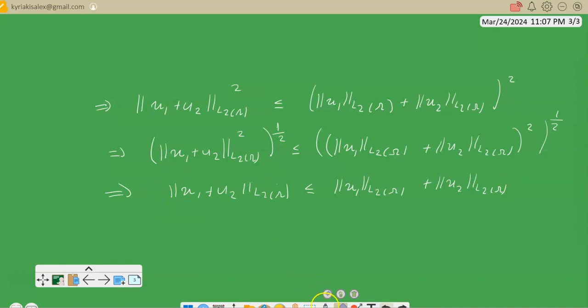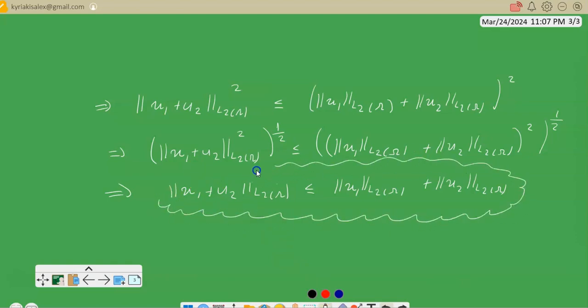So this is my result here. And this concludes the proof. This is the triangle inequality for L2 normed spaces.